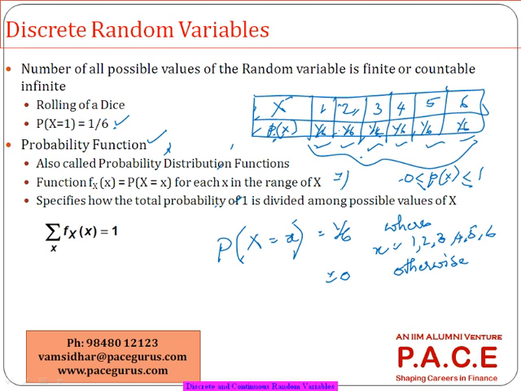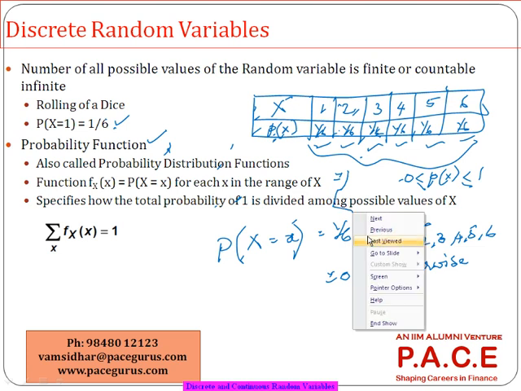So 1 by 6 plus 1 by 6 plus 1 by 6, up to 6 times if I add, it is nothing but equal to 1. Then I am calling the distribution a probability distribution function. If at least one of them is not satisfied, then I don't call it a probability distribution function.